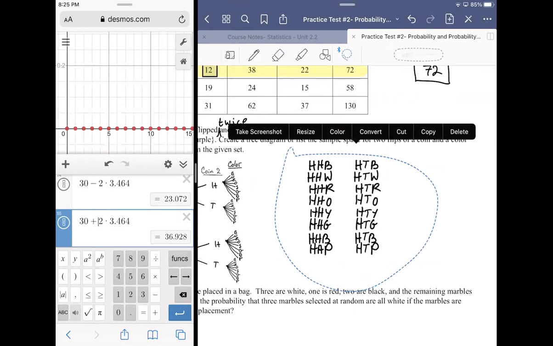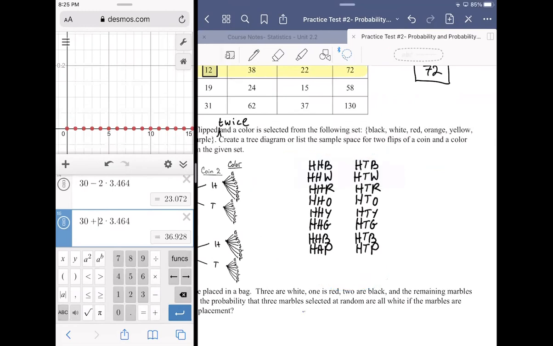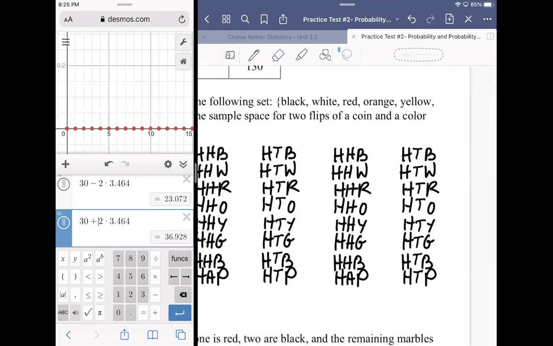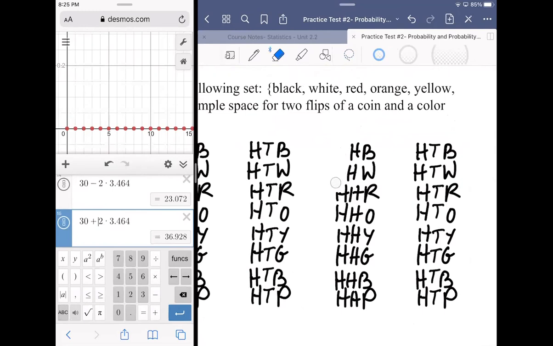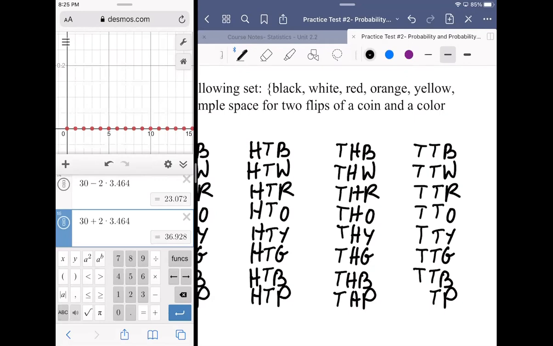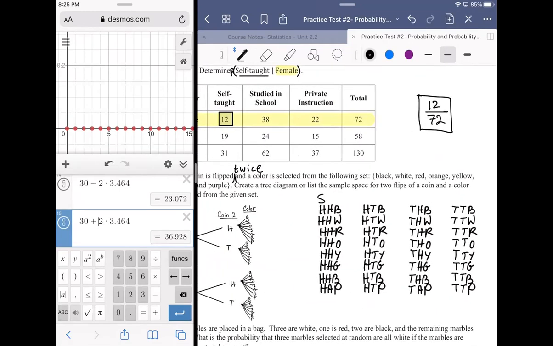And then for the next set, where it's tails, heads, and so on, I duplicate everything, copy paste, and all the initial heads values become tails. And so that would be the sample space.